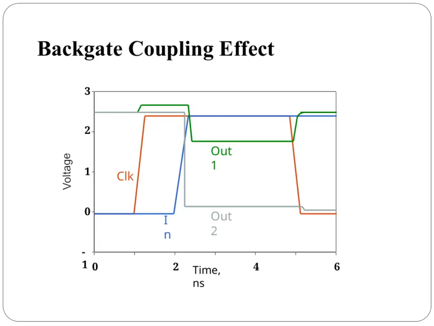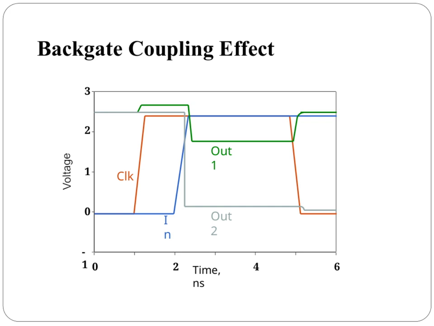Here, we are looking at the backgate coupling effect and its impact on signal timing. The graph shows time in nanoseconds along the horizontal axis, with several signals plotted. You can see the clock signal, the input signal, and two output signals, out1 and out2. The numbers along the vertical axis represent voltage levels, with values ranging from -1 up to 6.